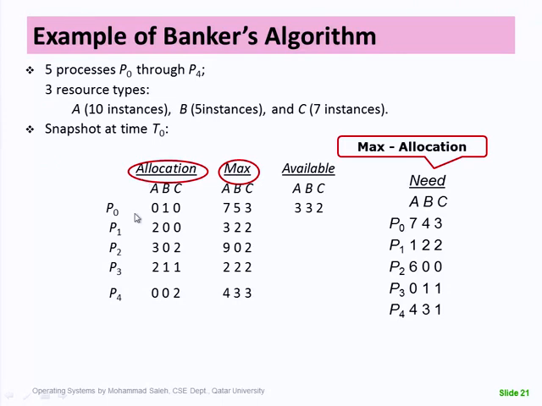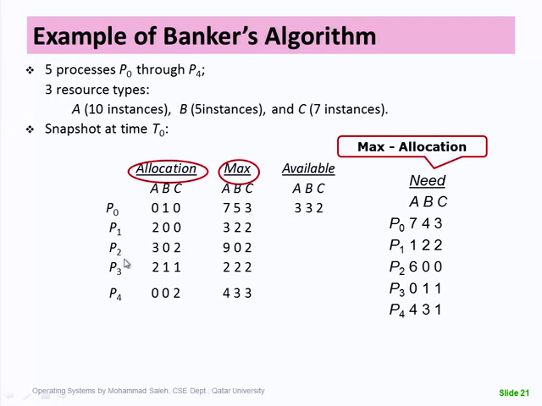And if we have processes P0 to P4, 5 processes active in the system. At the very beginning, P0 claims that it will need on maximum 7 instances of A, 5 of B, 3 of C. Okay? And P1 up to P4 also claim their needs of these resources.